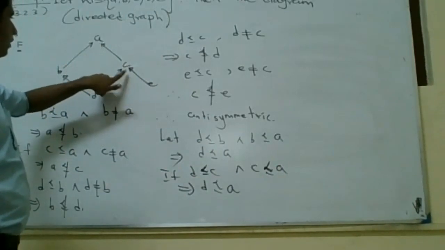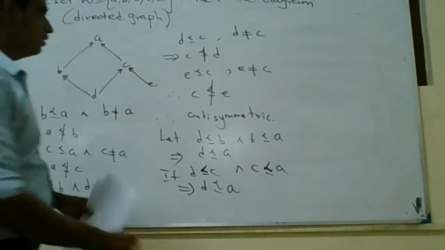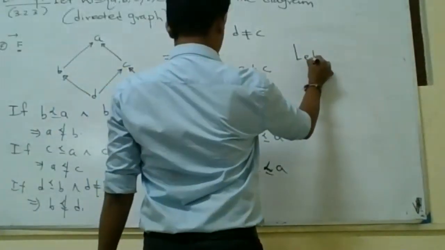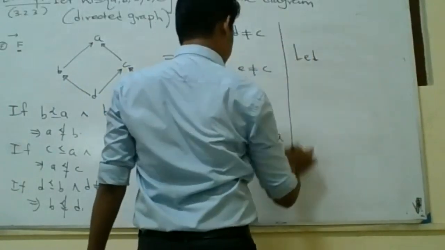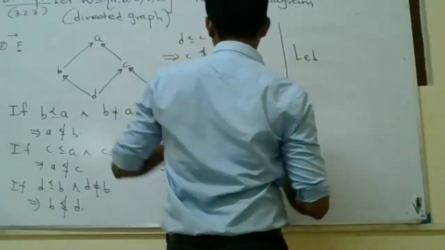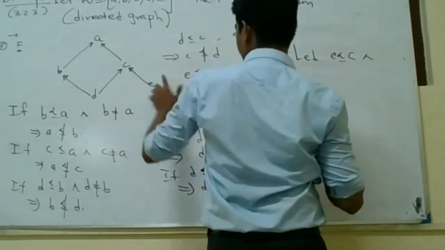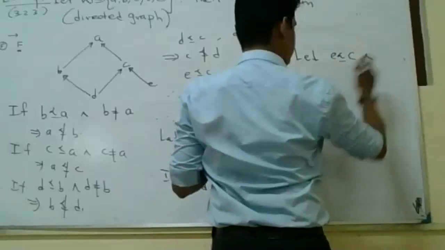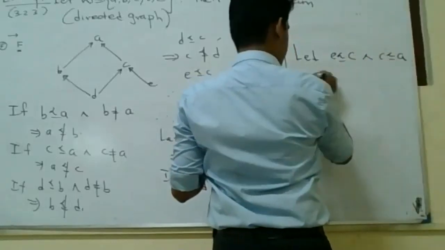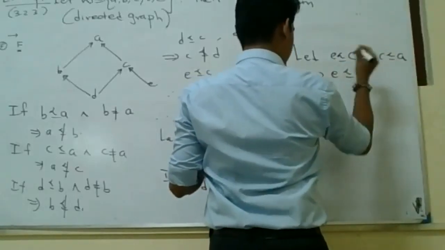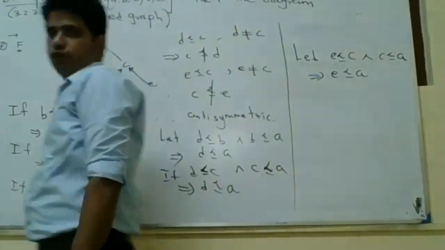D precedes C there, C precedes A there. One more case for transitive. Let E precede C. It's okay. E precedes C and C precedes A implies E precedes A. These three cases satisfy transitivity.